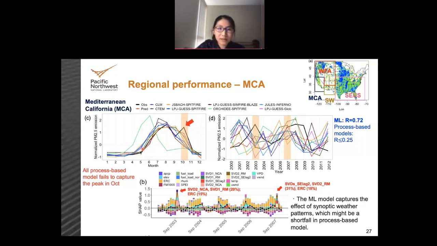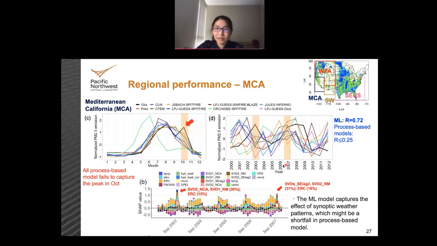And you can see none of the models can capture the bimodal pattern pretty well. Even though our machine learning model, the red line over here, performs relatively better than the other process-based models, it still underestimates the peak in August. Based on the literature, we know that the peak in August can be attributed to the Santa Ana wind-related fires in 2003 and 2007.